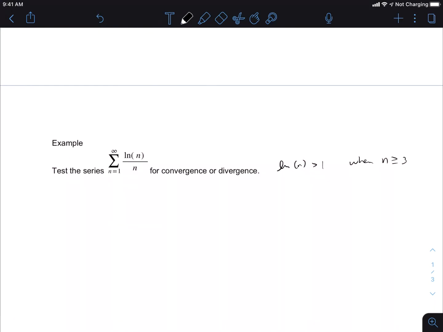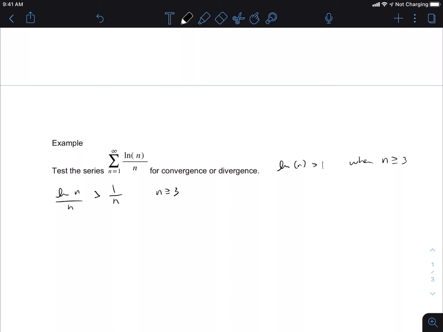Because if we plug in ln of 3, it's going to be 1 point something or other, and then everything after that is going to be bigger than 1. So then I know that I can compare ln of n over n, and that should be bigger than 1 over n for n greater than or equal to 3. And again, that's because of what I just showed you.